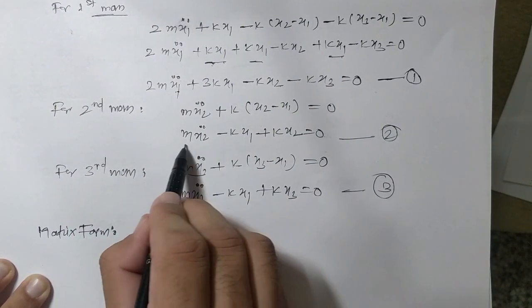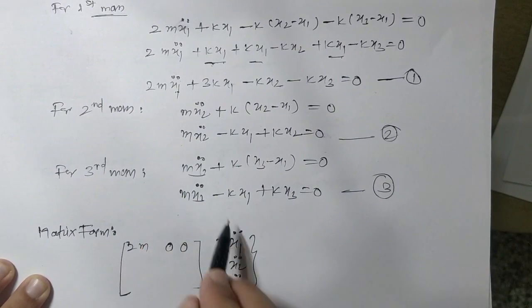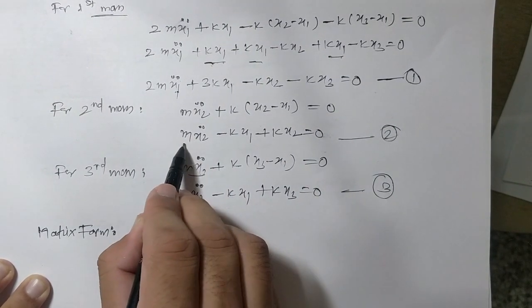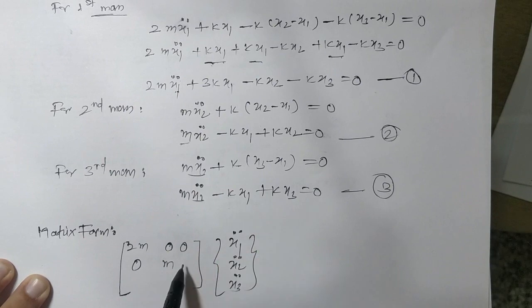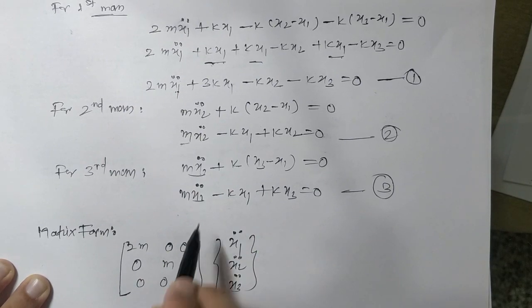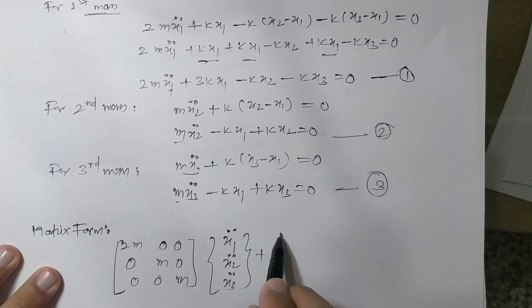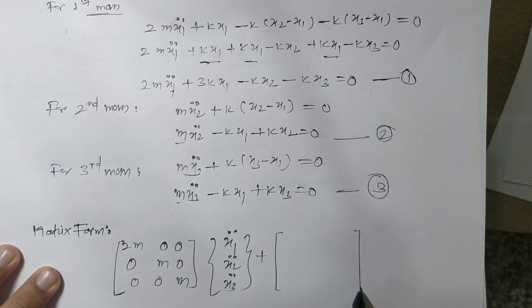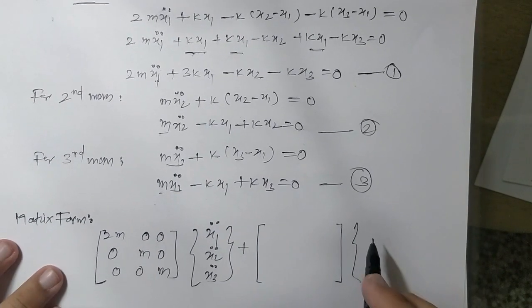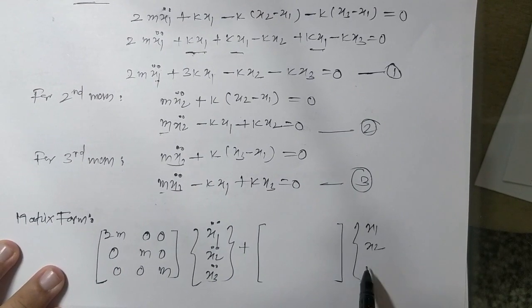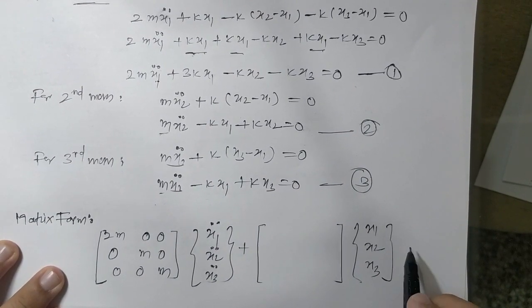Similarly, from the second equation, for x1 double dot it's 0, for x2 double dot it's m, and 0. And the third is 0 0 m. So this is our mass matrix, plus this is the stiffness matrix, and this is the displacement vector x1 x2 x3.